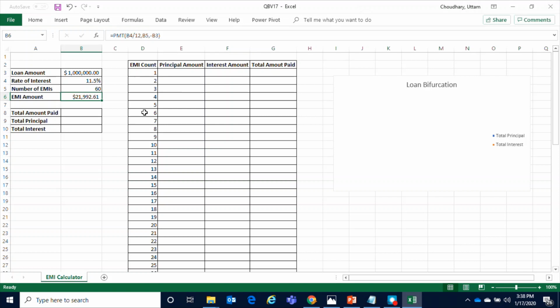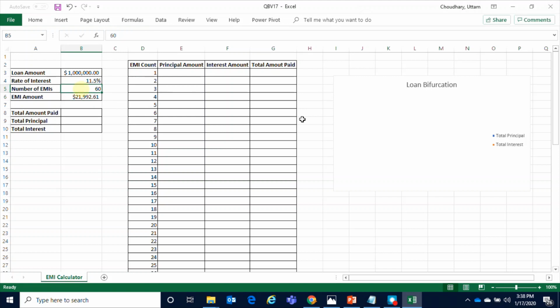But as soon as you keep paying the EMI, the interest would reduce and the principal would increase really. But by how much are we increasing the principal and decreasing the interest? That is what we are going to look at right now.